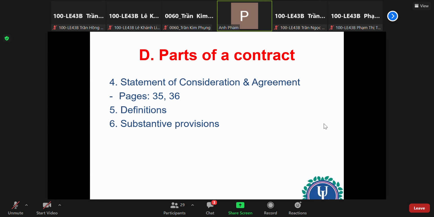They put the conditions first and then the representations and guarantees, or sometimes they put the representations and guarantees first and then the conditions later. So you know that in the contract we have the conditions and the representations and guarantees.